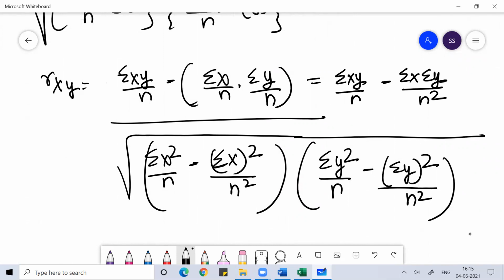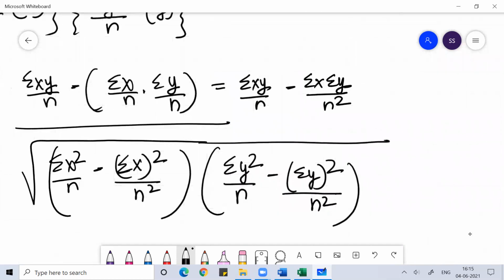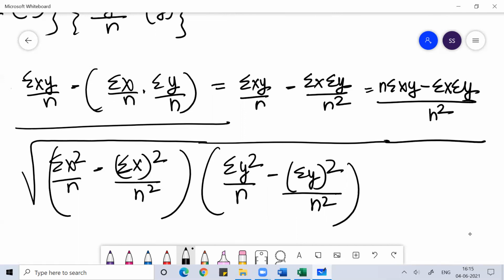The same thing I can write here in the denominator also. You can take the LCM also. This will be n sum of xy minus sum of x into sum of y, by n square.